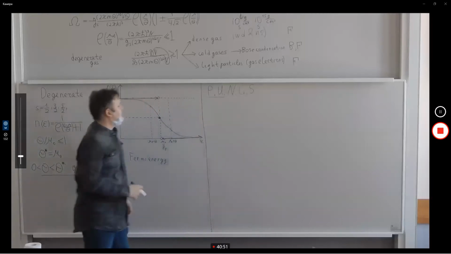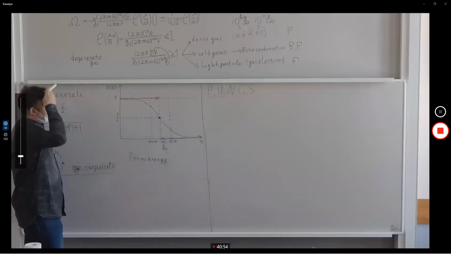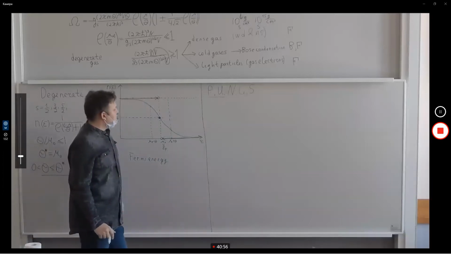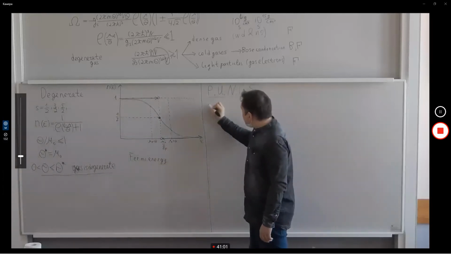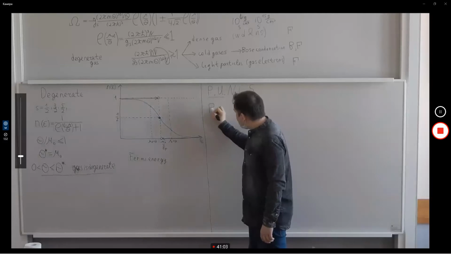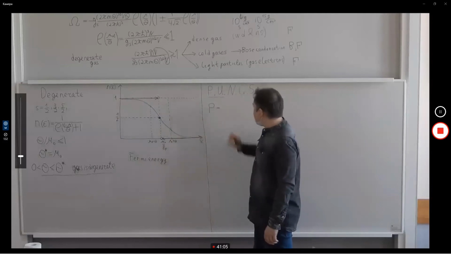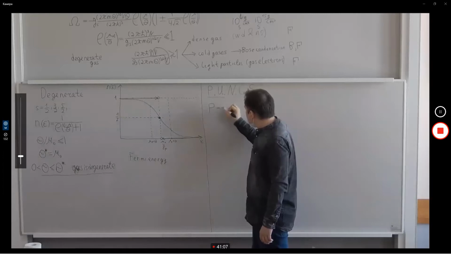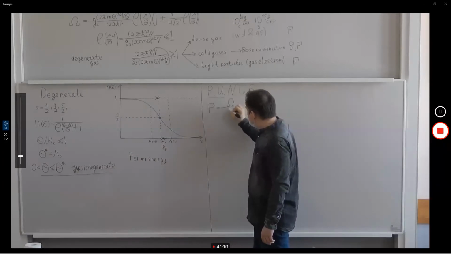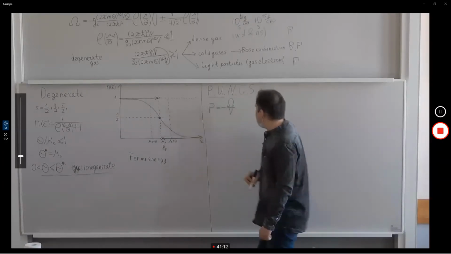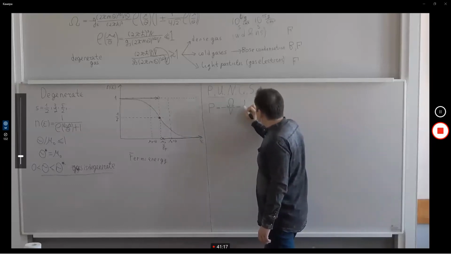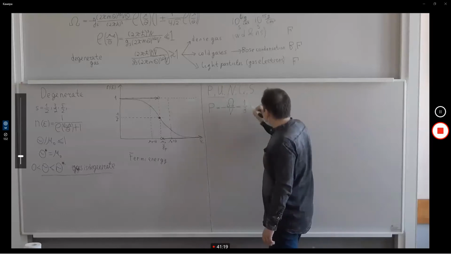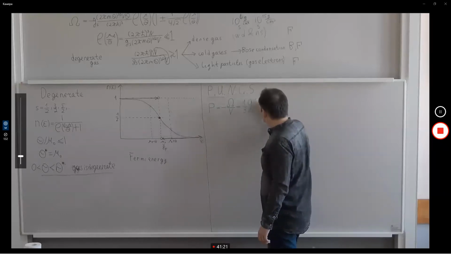It's very easy to write down these two functions. We know a couple of identities. First, we know that the pressure is minus omega divided by V. And we can easily write an expression for this quantity.